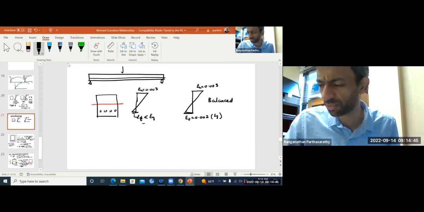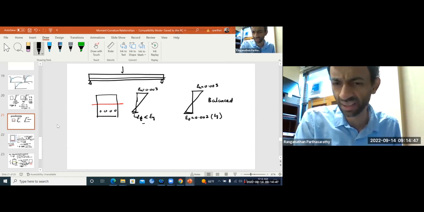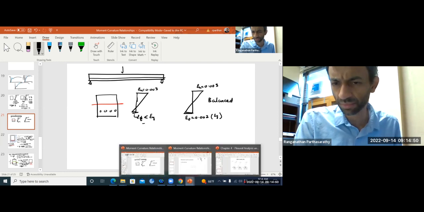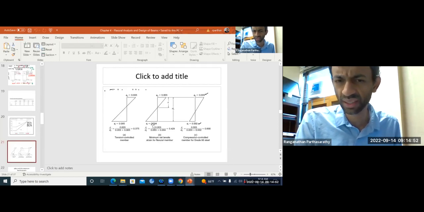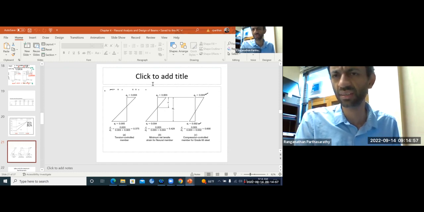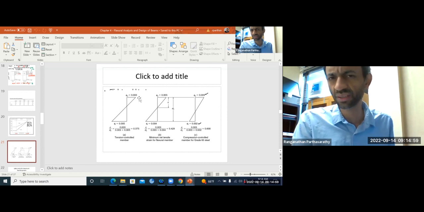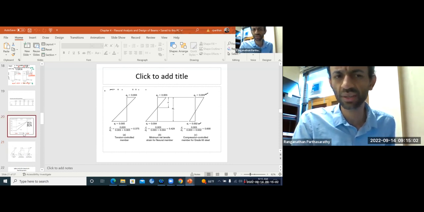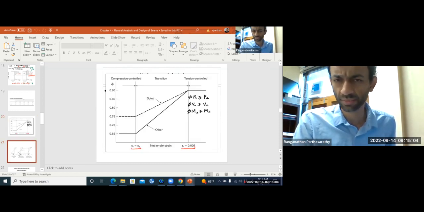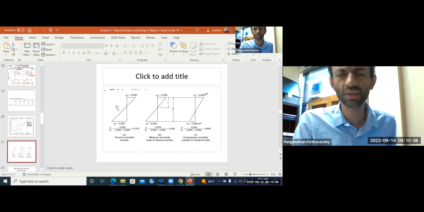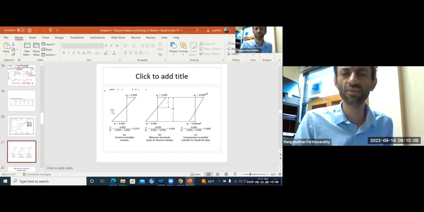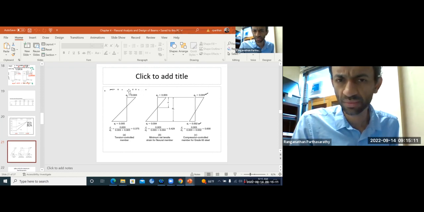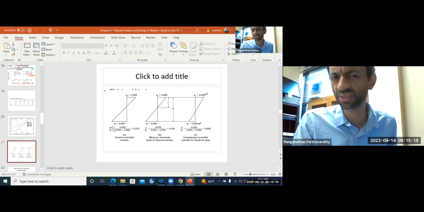We don't want that either, because that's just barely making it. The ACI code recommends that you must have tension control failure. That means to get the maximum allowable strength, when you have 0.003 crushing in the concrete, your steel strain must be at least 0.005.